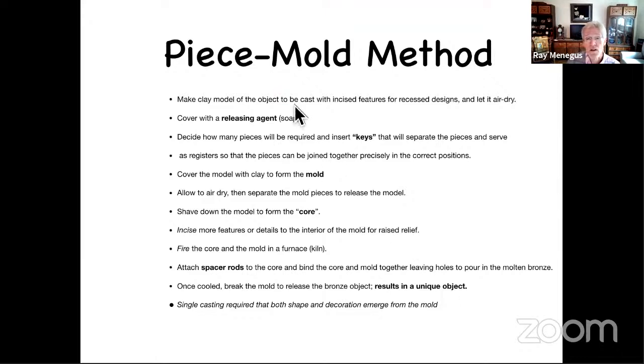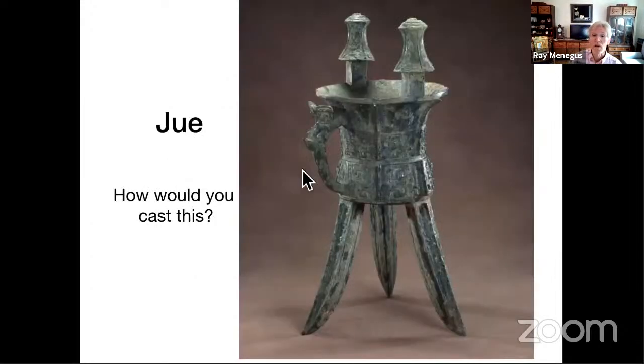This is just everything I've just told you, and you can come back and reread it. But the important point is that once the goblet is released from the mold and the mold is shattered, you'd have to go through that entire process again to make a second wine goblet.